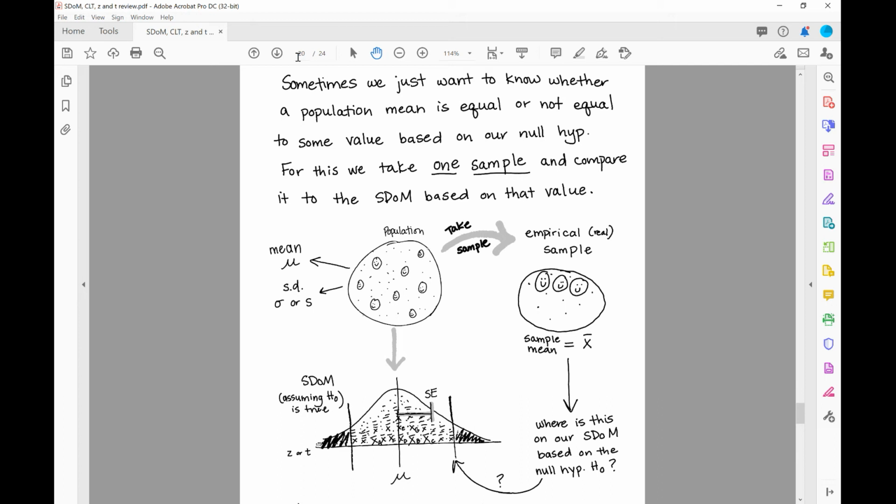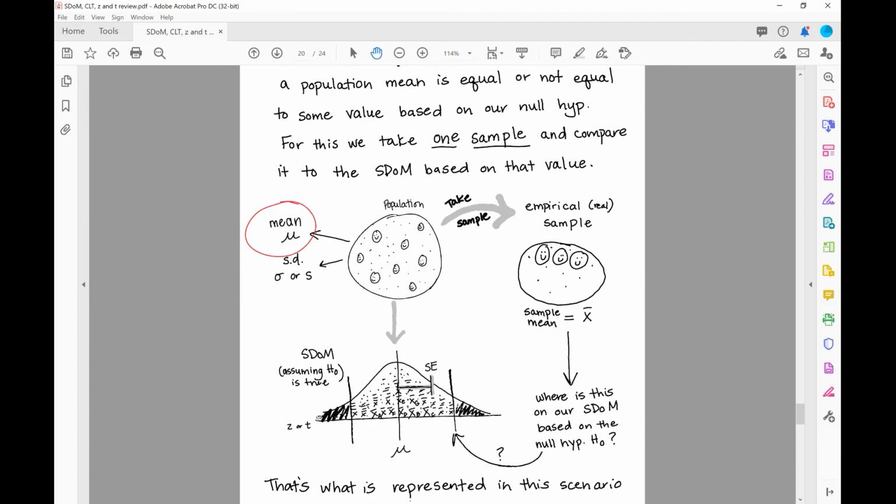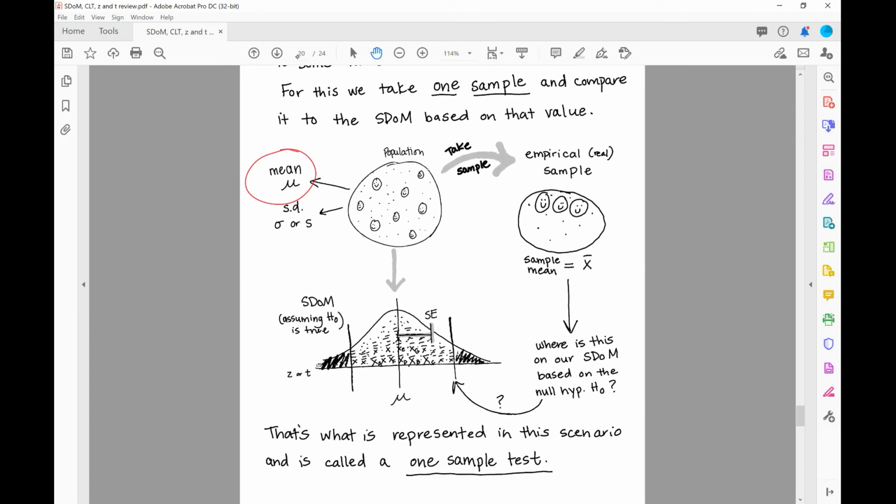So in a case like this, where we just want to know, is this population mean equal to this value or not, we do what we've been describing. We take one sample, we calculate that sample mean, and we see where it fits in.